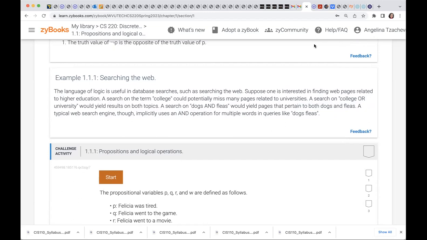Can anyone see here what we have? Are you saying that you're not hearing me? Okay. Can anyone give any examples of what we would be using those logical operators for?